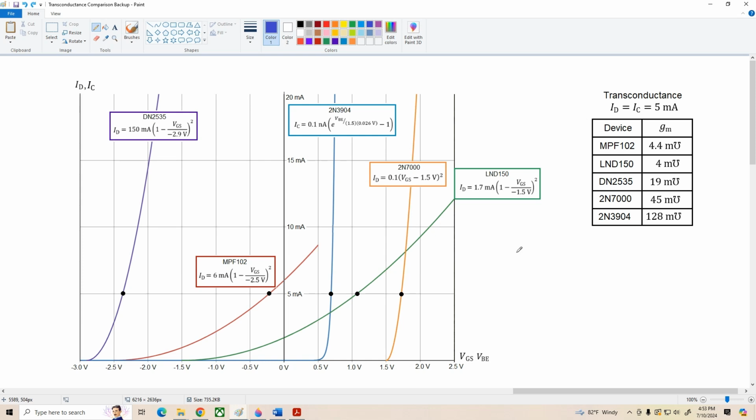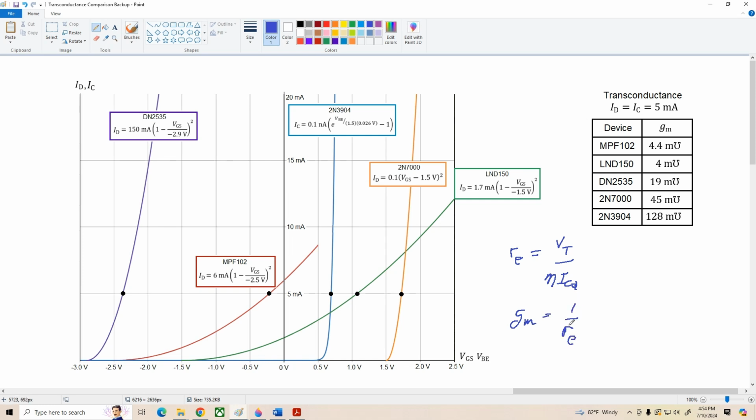Remember, when we were analyzing transistor amplifiers, we would determine the gain using little re, the dynamic emitter resistance, and that was V sub T over eta times ICQ. Now it just so happens that the reciprocal of little re is the transconductance, that is gm equals 1 over little re.